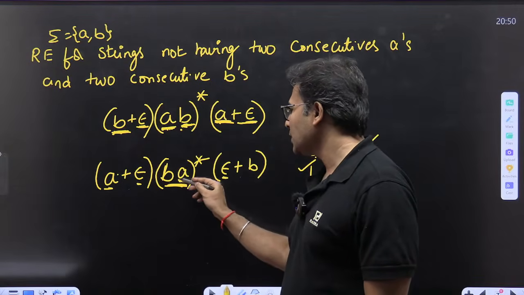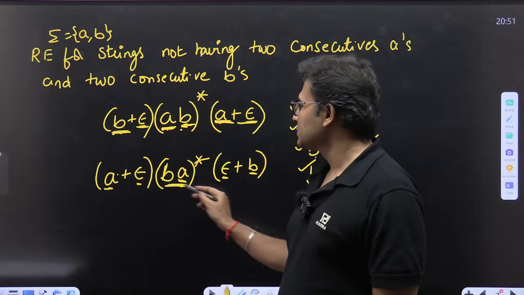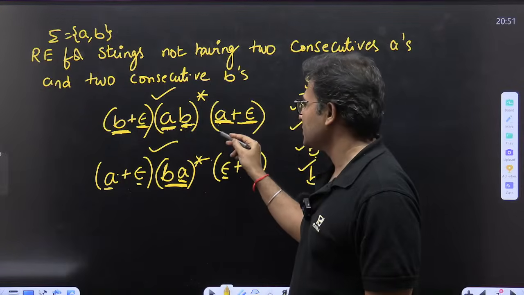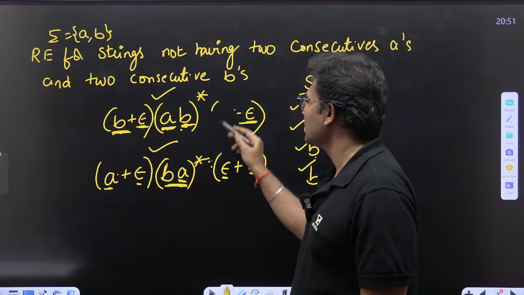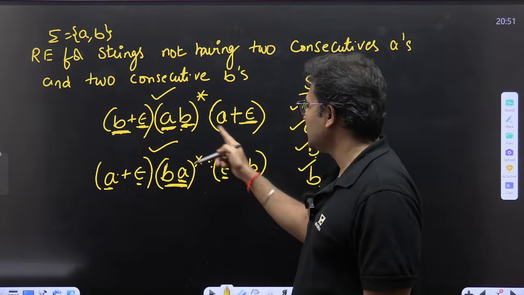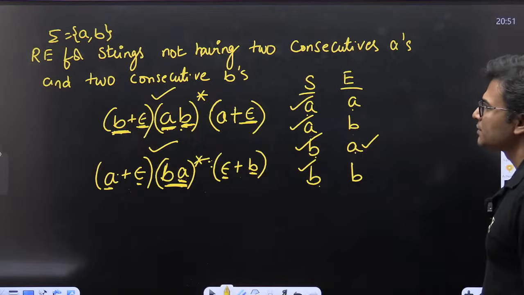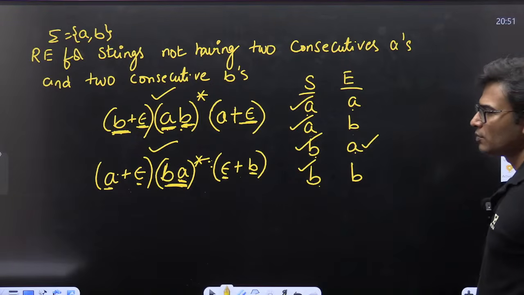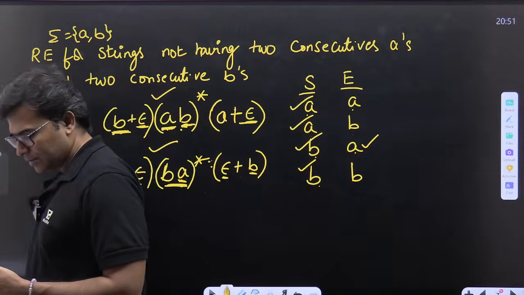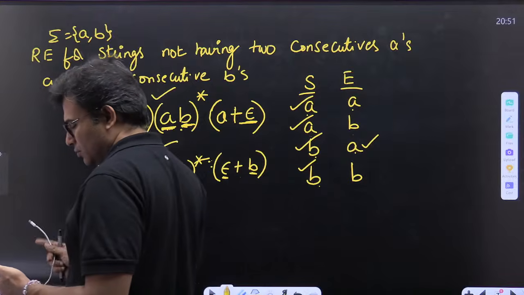If I want to end with B, I will take this. So it is either this expression or this expression, both represent the cases where there are no two consecutive A's and no two consecutive B's.